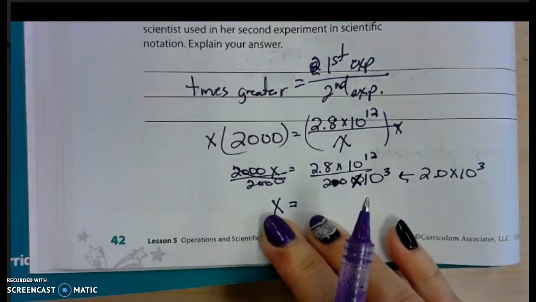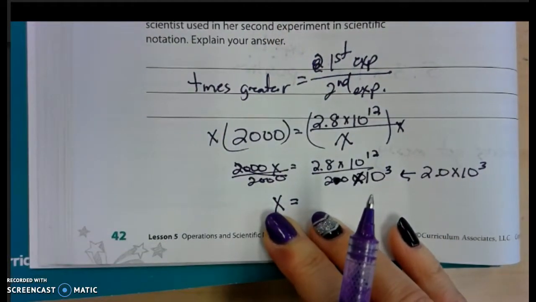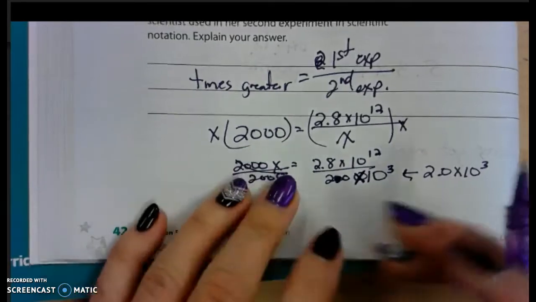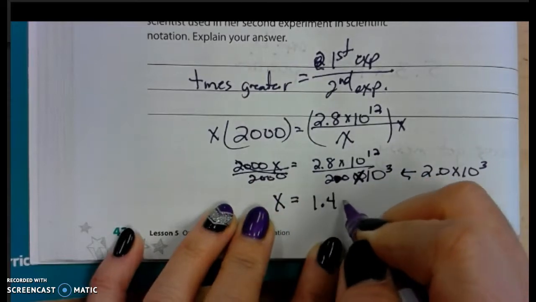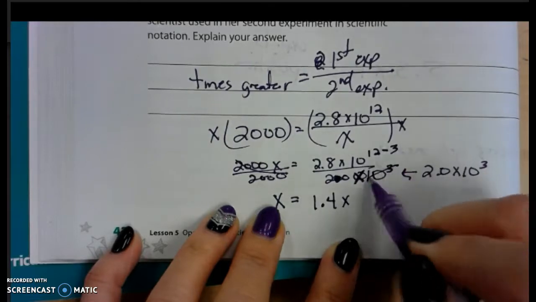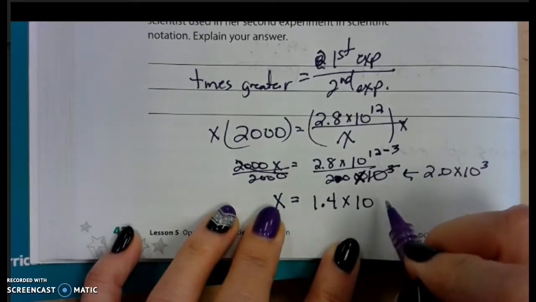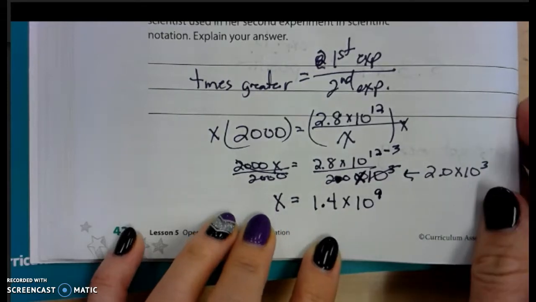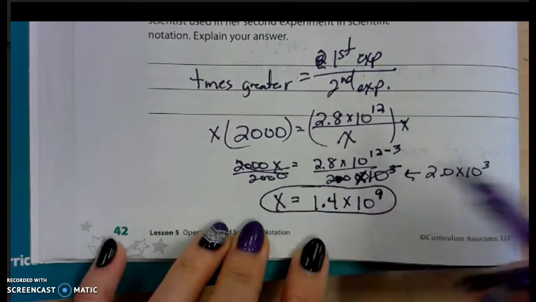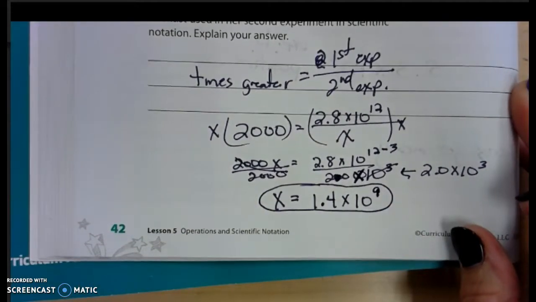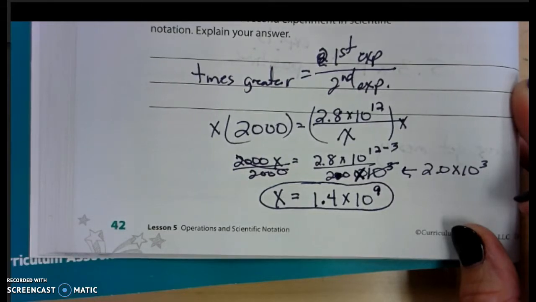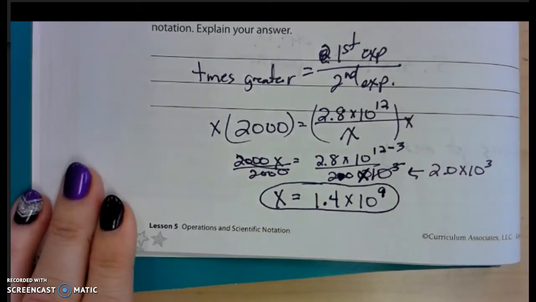Now when I divide, I'm going to divide 2.8 divided by 2.0, which gives me 1.4. Now I'll divide my base 10s using the quotient rule, and I'll subtract the 3 from the 12 to give me 10 to the 9. Now they wanted the answer in scientific notation, and that is our answer. So in her second experiment, she used 1.4 times 10 to the 9th cells. And that is all.